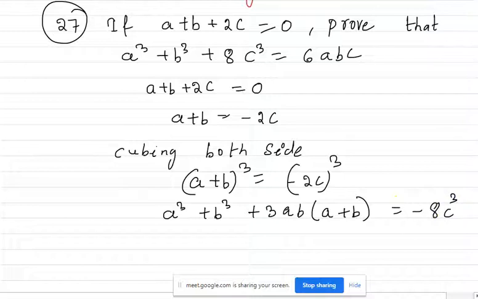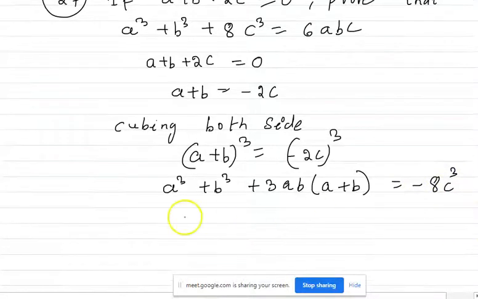Till now any doubt here? So a cube plus b cube plus 3ab(a plus b) is equal to minus 8c cube.